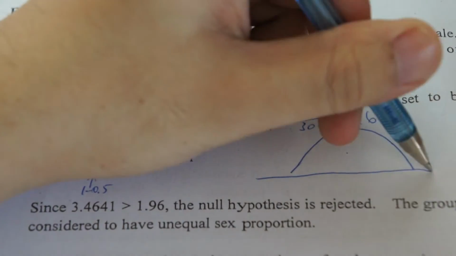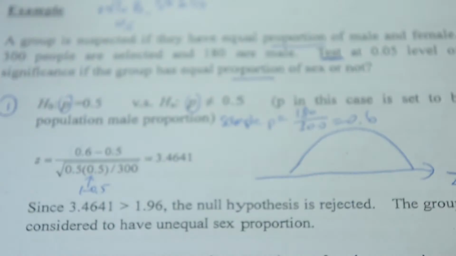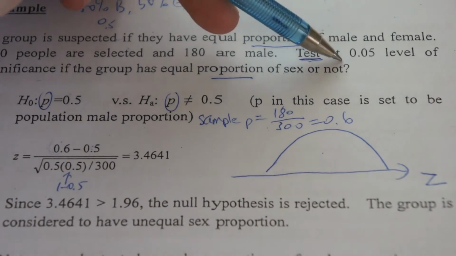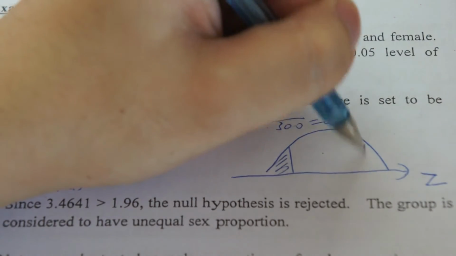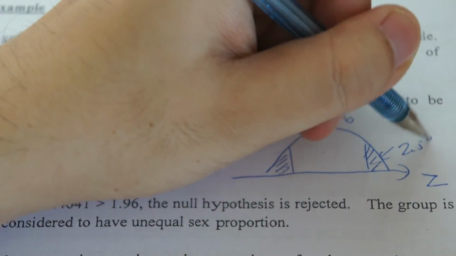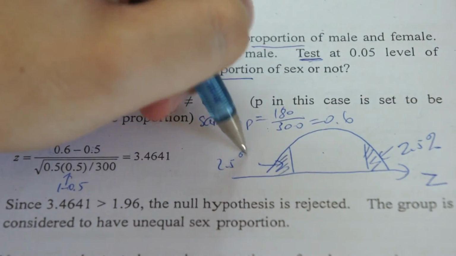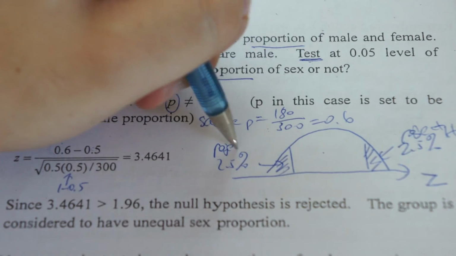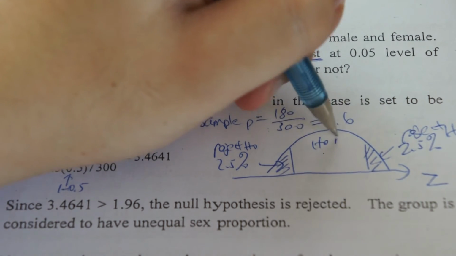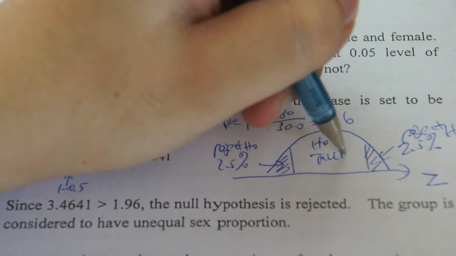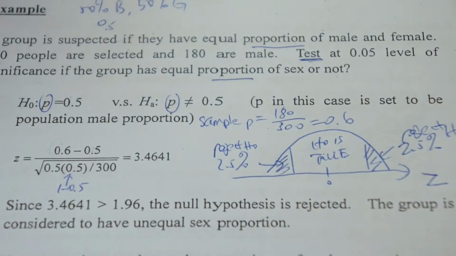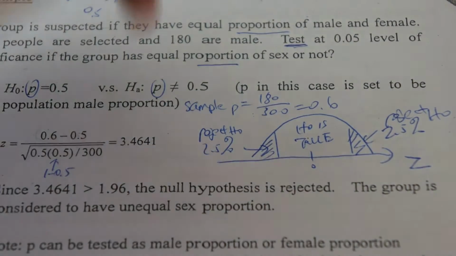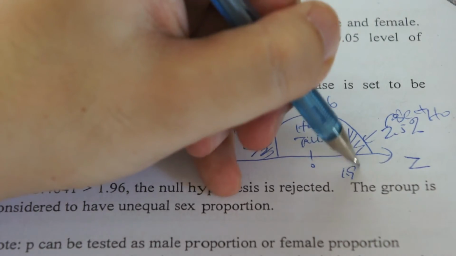If it is a two-tailed test, you draw a diagram with a z test diagram, and because it is a 5% significance level, you divide it into 2 parts, which is 2.5% and 2.5%. So this is reject the null hypothesis, this is reject the null hypothesis, and the middle part is where the null hypothesis should be true. At the end, what you have to do is check the z table, which you have already learned many times.